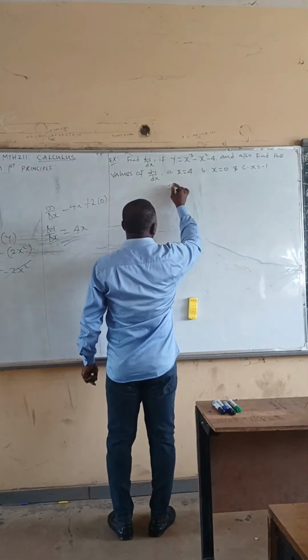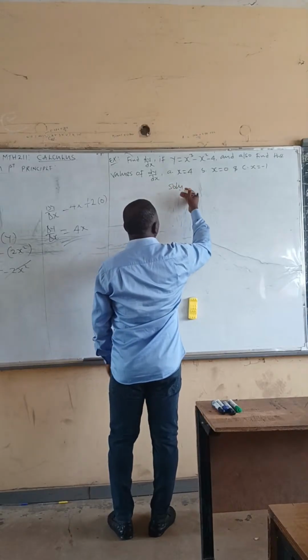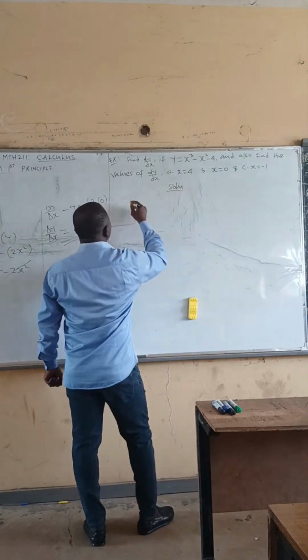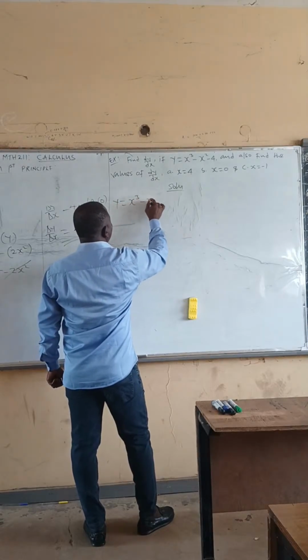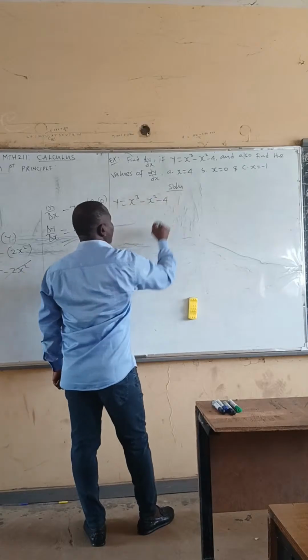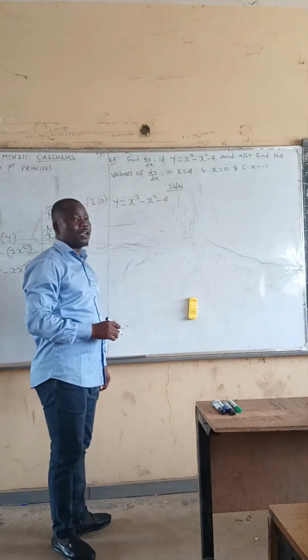So what do we do? We write the solution. Our y is given as x raised to the power 3 minus x raised to the power 2 minus 4. So what is the formula?